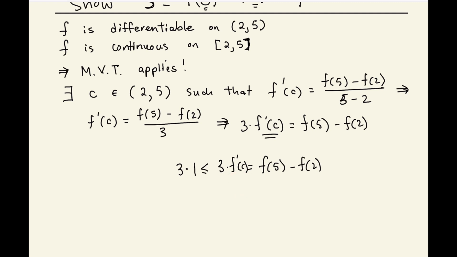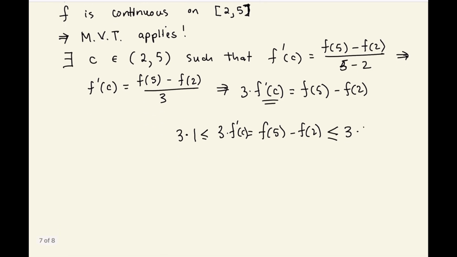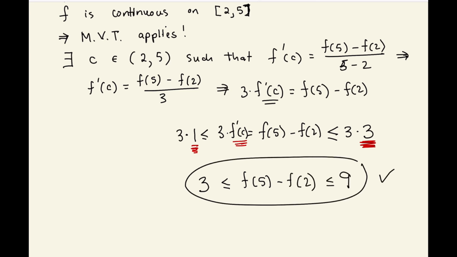We also know the derivative has to be less than or equal to 3, so this has to be less than or equal to 3 times 3. Okay, these are the connections I'm seeing here. F prime of c has to be greater than or equal to 1, and less than or equal to 3. So my final answer is that 3 is less than or equal to f of 5 minus f of 2, which is less than or equal to 9. And that's my final step.